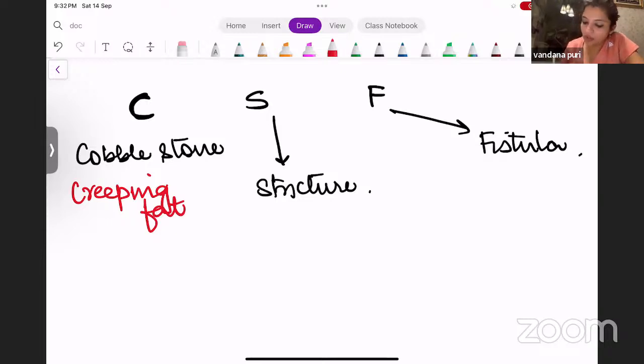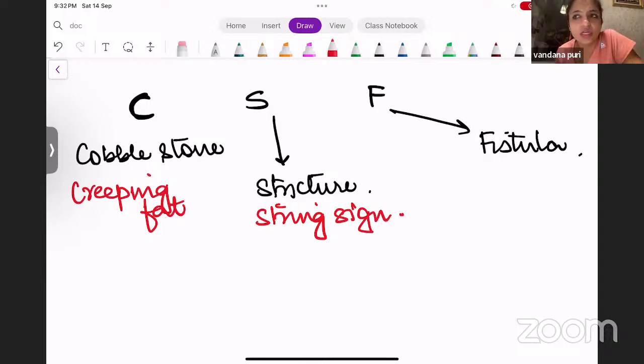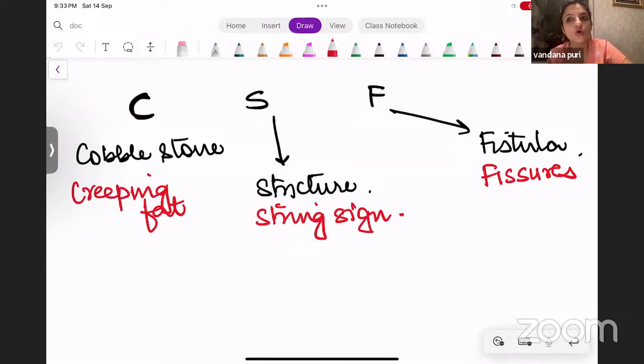Because of the strictures, we can have string sign seen in radiology. Apart from fistula, we can have fissures also. So we have strictures, fistulas, fissures, and cobblestoning. All these are very characteristic features of Crohn's disease that you all have to remember. So that is about morphology that we have to remember.